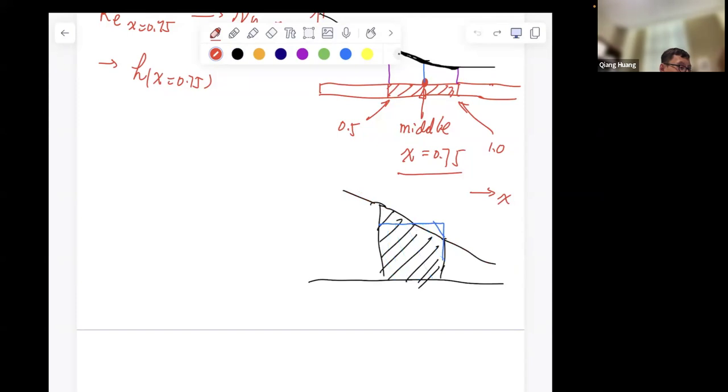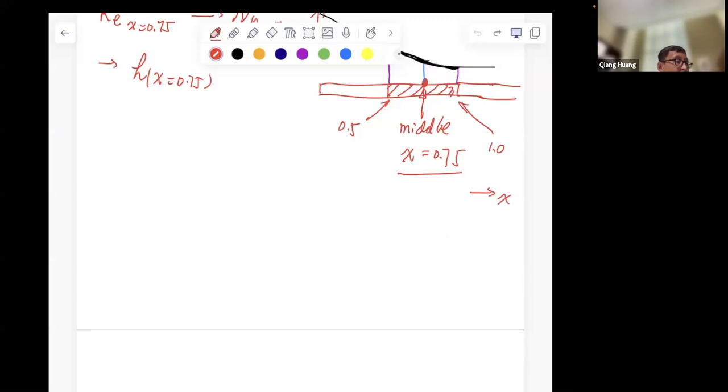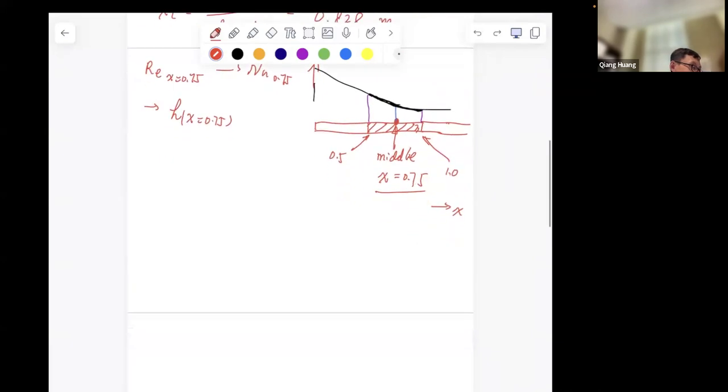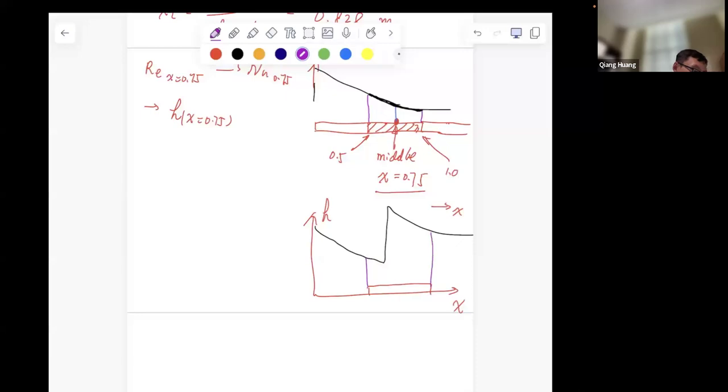However, if your function cannot be approximated as a line, then you cannot do this. For example, if your function is something like that, which is our h as a function of x, and our section is here, your purple area under the curve is this area.